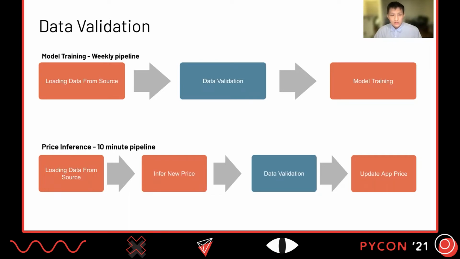For our specific use case, we'll likely have a model training pipeline where we load data in from the source, perform validation on it to make sure that it meets the requirements needed for model training. And then once we perform the model training, we're sure that everything will go smoothly because the data has already been validated. In this specific case, our model training will be weekly or monthly.